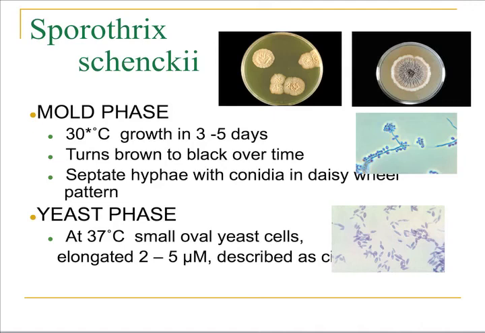You get septate hyphae produced, very narrow, delicate looking hyphae, and then the spores are produced in a grouping known as the daisy wheel pattern. In the yeast phase, the yeast grows very well at 35 or 37 degrees, but they're small oval yeast cells. They're oval and elongated, about 2 to 5 microns in size, and this yeast cell is described as cigar bodies.